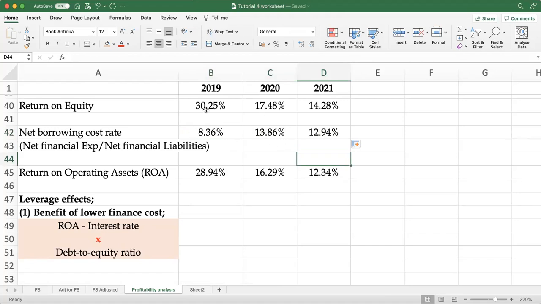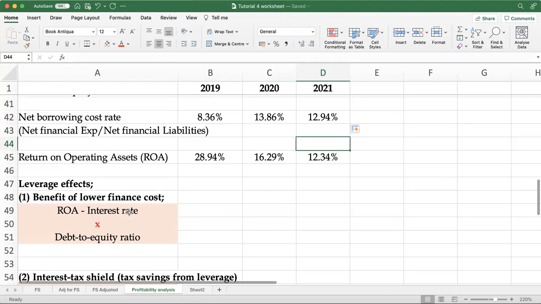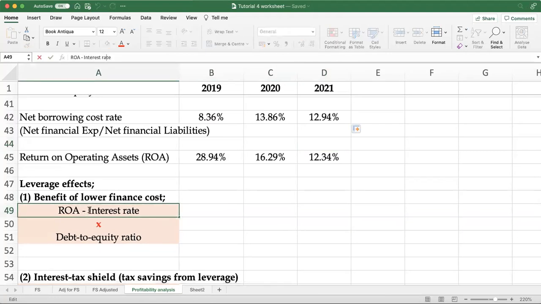You see, the company has borrowed money at these rates over these 3 years. Then you calculate the leverage effect: ROA minus borrowing costs.